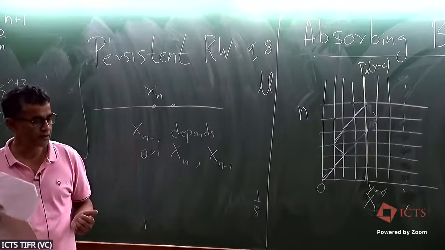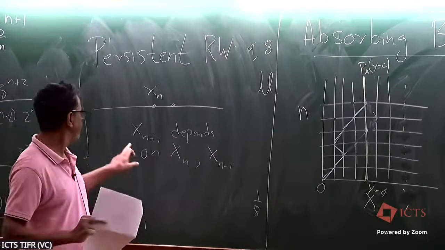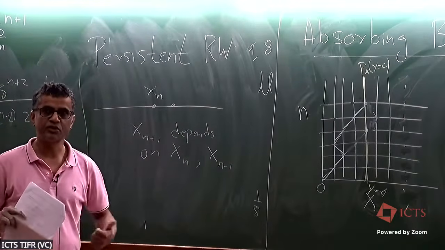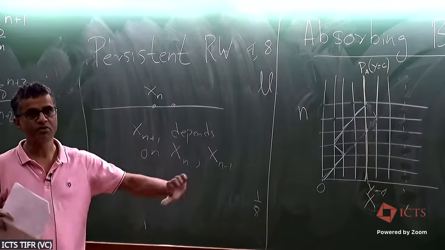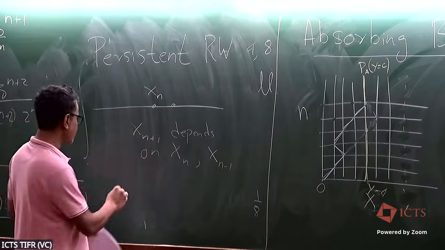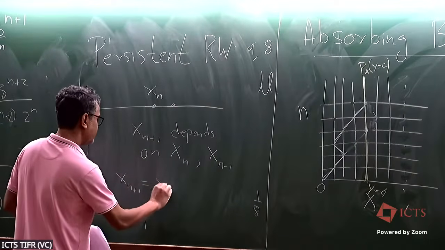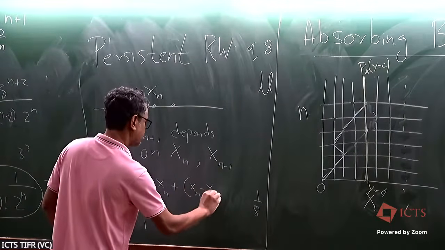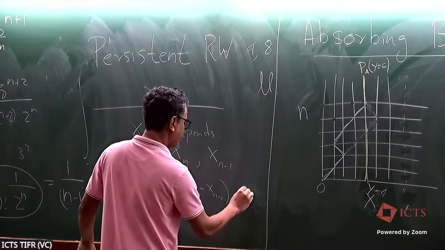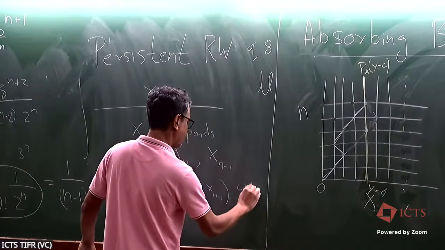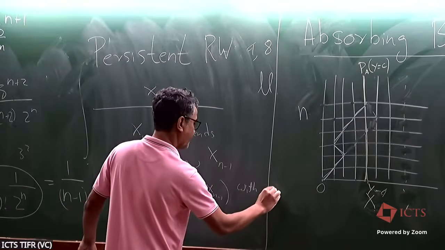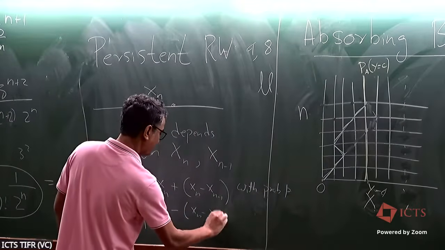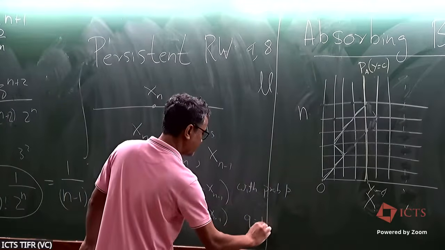If the previous step from n-1 to n was in the plus direction, then with more probability it wants to continue like that, and with less probability it wants to change direction. So x_{n+1} would be x_n plus (x_n minus x_{n-1}) with probability p, and minus (x_n minus x_{n-1}) with probability q equals 1 minus p.